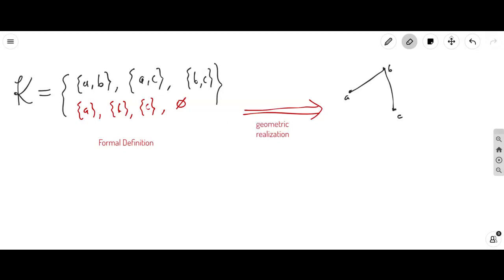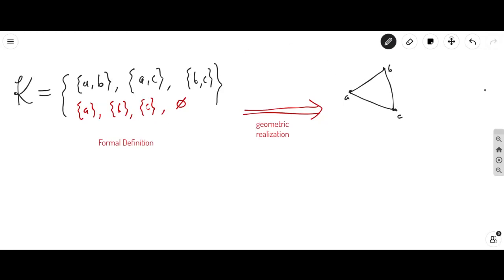You cannot just take these points, position them, and connect them by lines. What if the lines happen to intersect or things like that? You do not want that extra intersection point to be part of your topological space. So it's a bit unclear how you actually geometrically realize it. And it takes work to explain how to do that, but let's not really worry about that. So you have A, B, and C, and then you would connect A and C together.